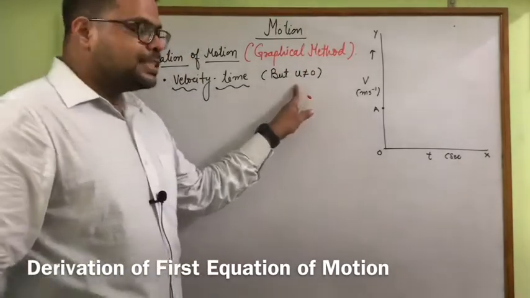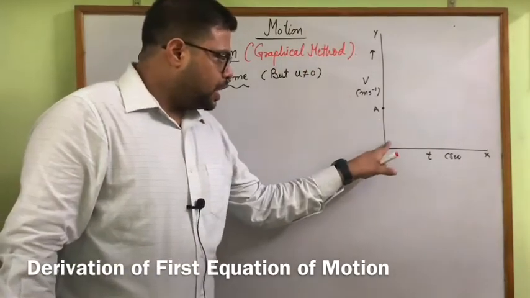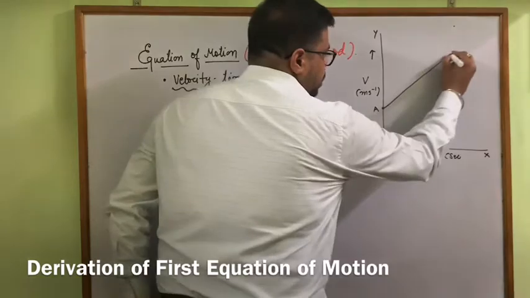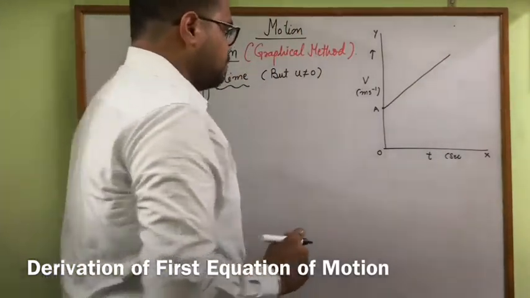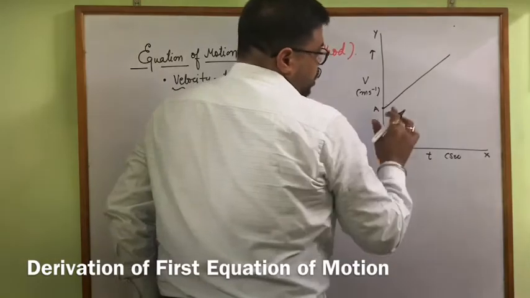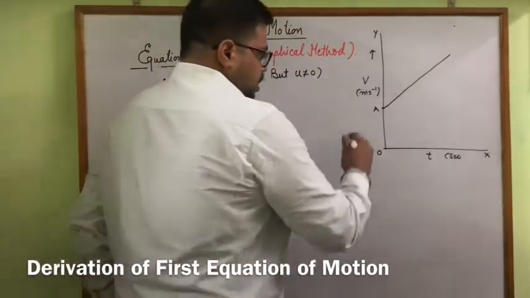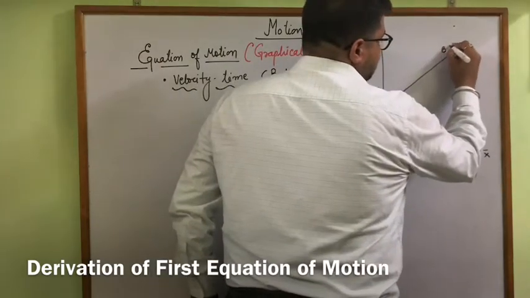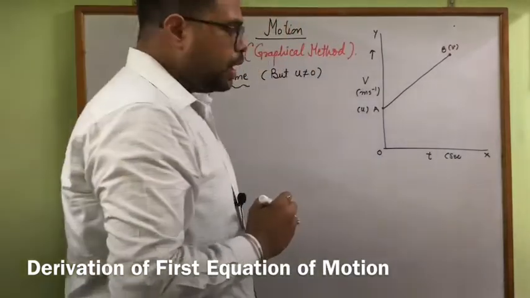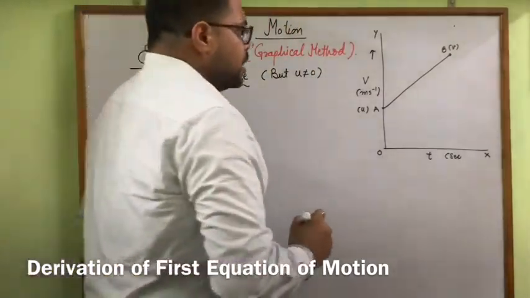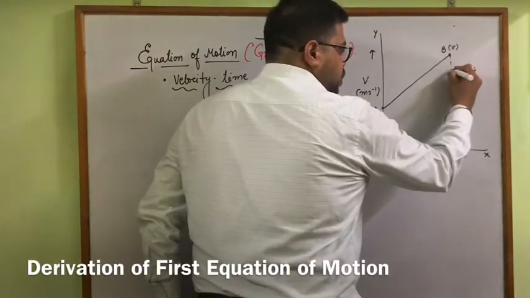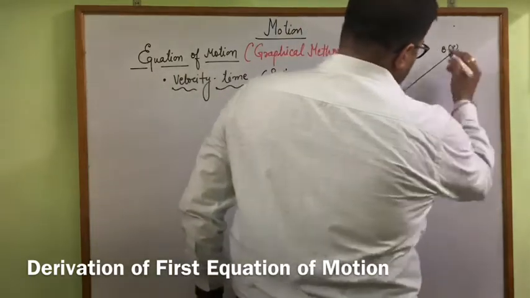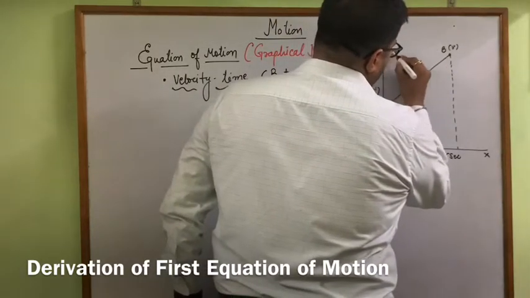If we consider this condition, our straight line is going to start from position A. At A, this is the initial velocity, and the particle is going to perform uniform acceleration. So here A is the initial velocity u, and the point B is known as the final velocity. Now from B I am going to drop two perpendiculars, one on the OX axis and the second on the OY axis.